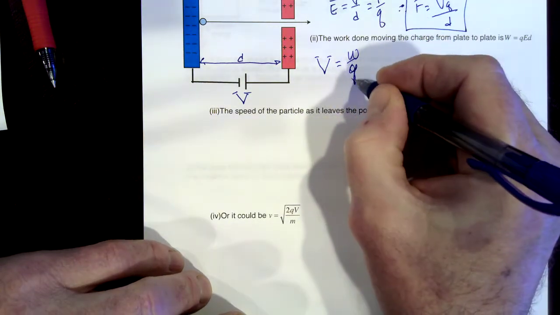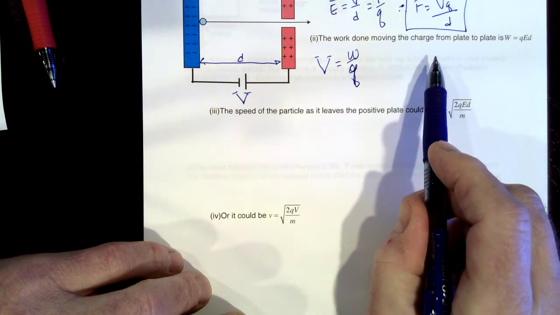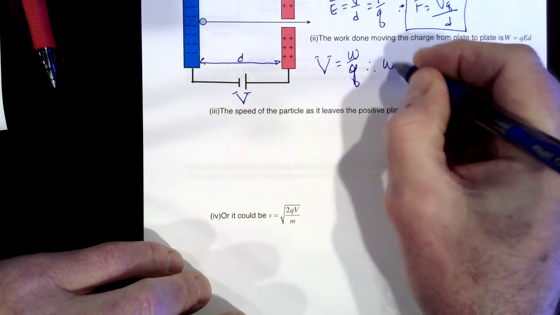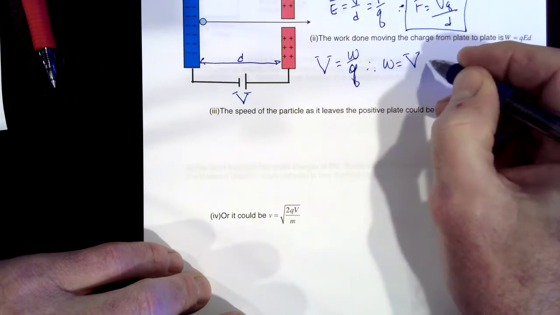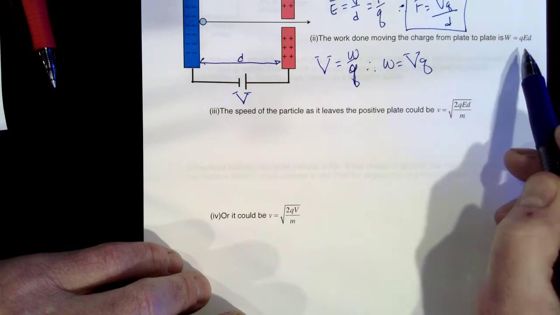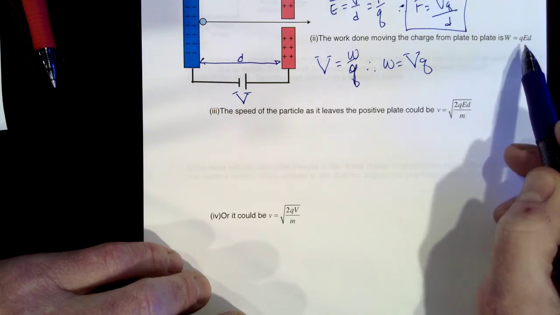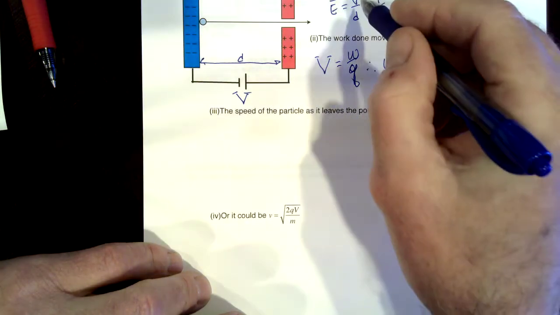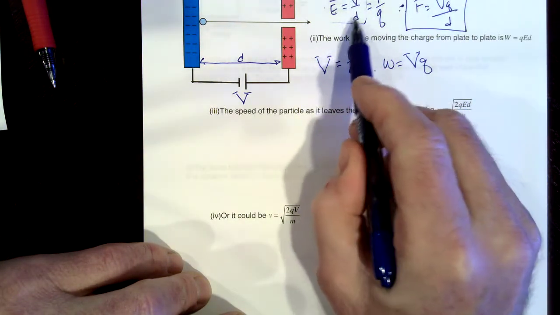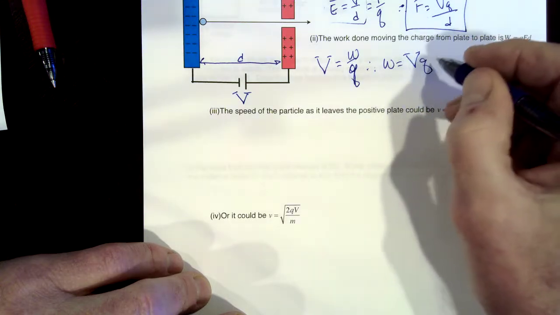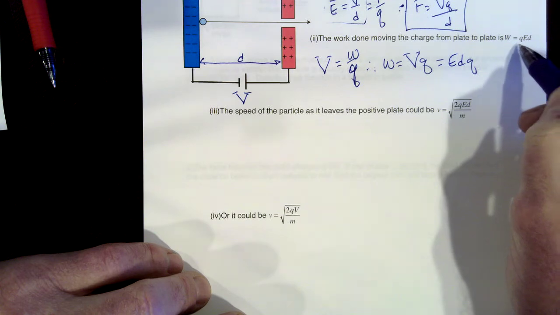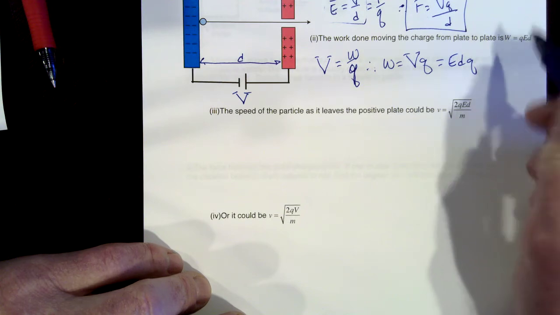Sorry, I'm solving for W. Therefore, W equals voltage times charge. All right, got to get rid of V. Well, if you look at the formula right up here, E equals V over D. Therefore, V equals E times D. So I could take out V and get EDQ. Looks better this way, QED, but same thing.